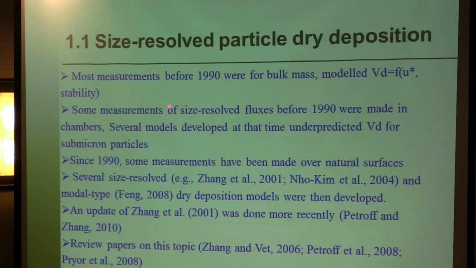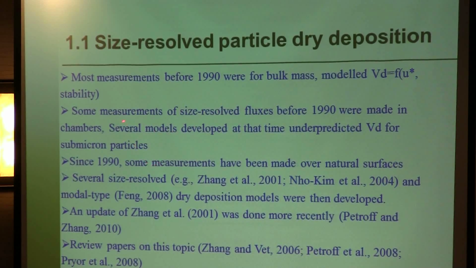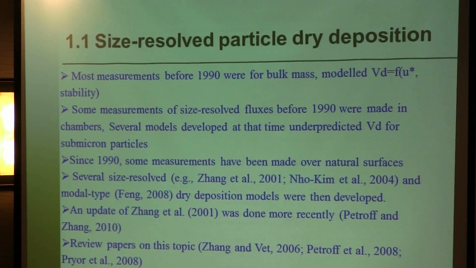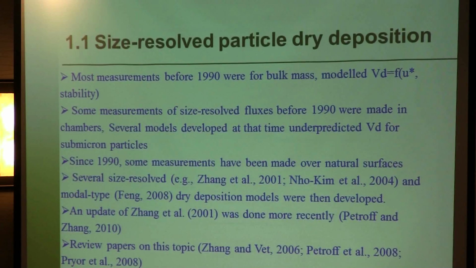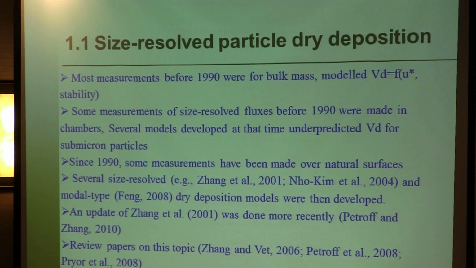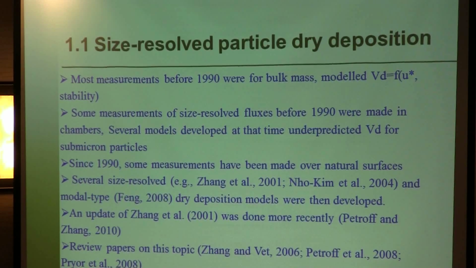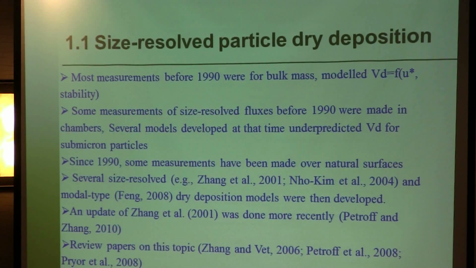But briefly, for particle dry deposition, the earlier measurements were made mostly within chambers or tunnels, and the later measurements after the 1990s were mostly conducted in the field, and we found that the later measurements identified particle deposition to be higher than was thought based on the chamber measurements.